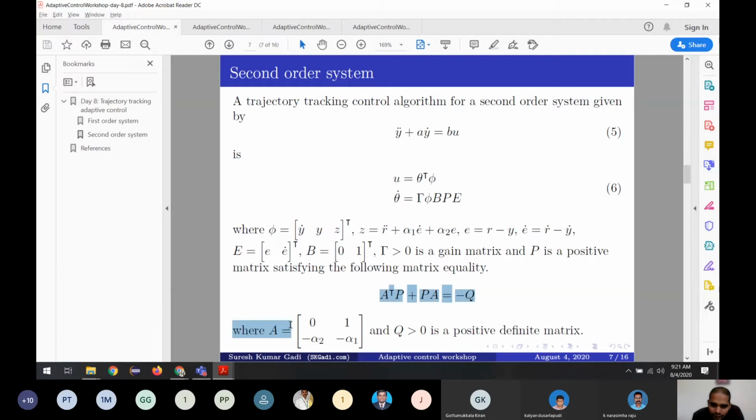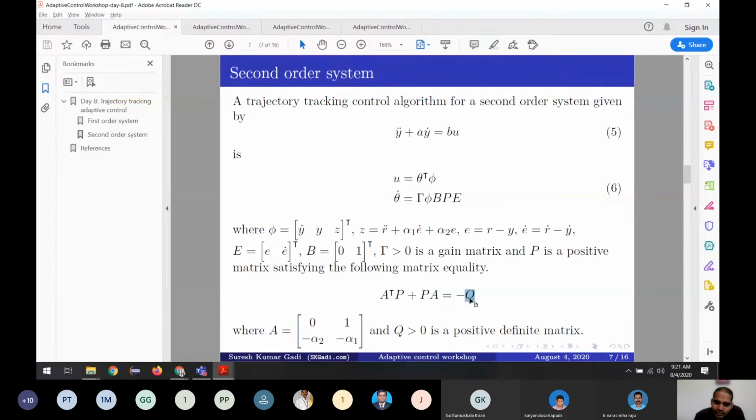So we know how to calculate A, and we know this equation is true when A has all eigenvalues negative. So we know that information already. We are saying this equation is true, but we don't know the values of Q and P. So what we do is we give some value to Q and then we try to calculate the values of P. How do we give values to Q?